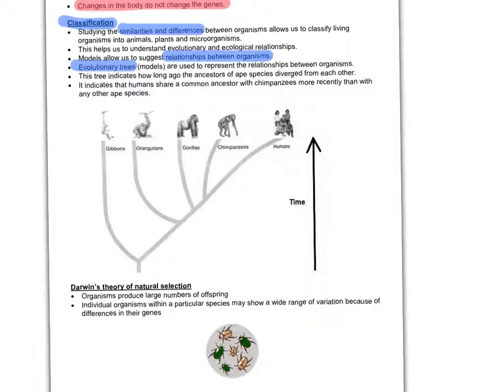The tree indicates how long ago the ancestors of an ape species diverged from each other, separated out from each other, and indicates that humans share a common ancestor with chimpanzees more recently than with any other ape species. It therefore means that we share a common ancestor, we go back to the same thing as chimpanzees originally evolved from, but we are not directly evolved from chimpanzees themselves.